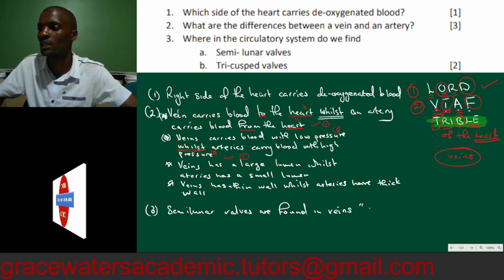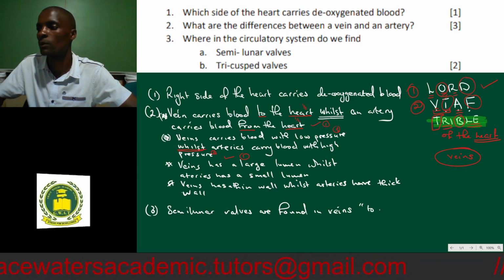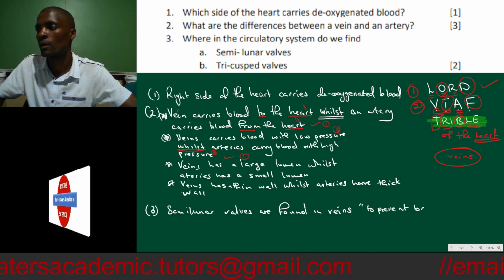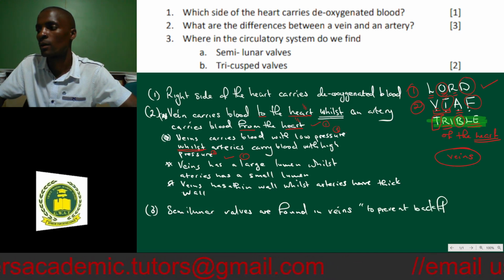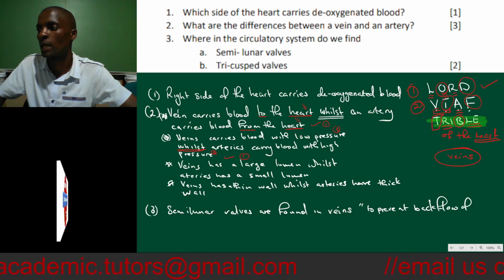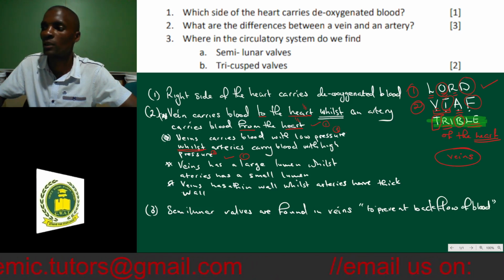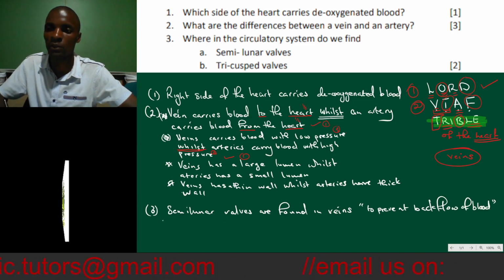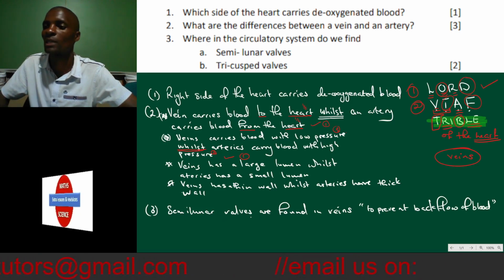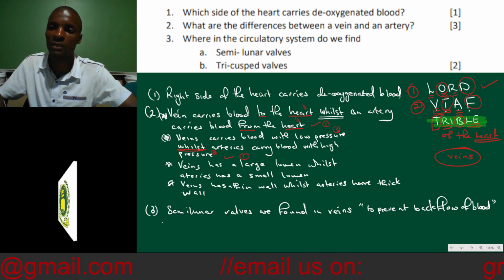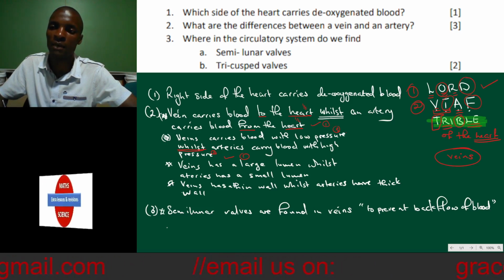I'm putting this as extra: to prevent backflow of blood. Though you know what, I'm putting this in quotations, it's not necessary for this question, but in case next time they will ask you what is the function of semilunar valves, you should know that the function of those semilunar valves is to prevent the backflow of blood.